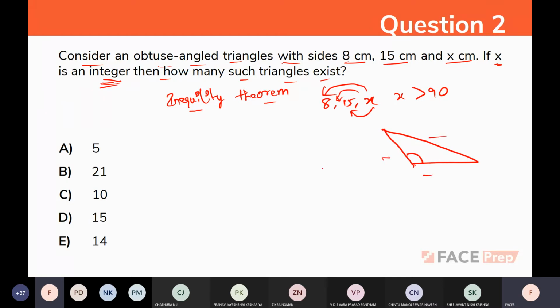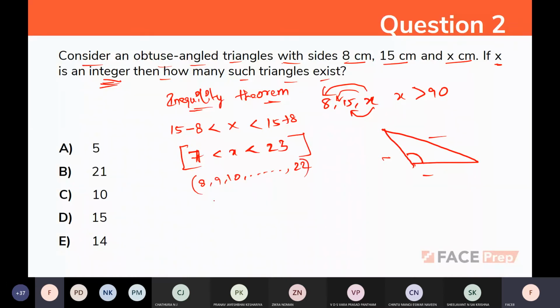So to find the range of x, the inequality theorem says take the bigger number, reduce it with the smaller number, less than x, which will be in the middle, then add both of them. That is the inequality theorem. Less than x less than 23. So this is the range of x, which has 8, 9, 10 and so on up to 22. We cannot consider 7 and 23 because x is greater than 7 and less than 23. So these are all the possible values.